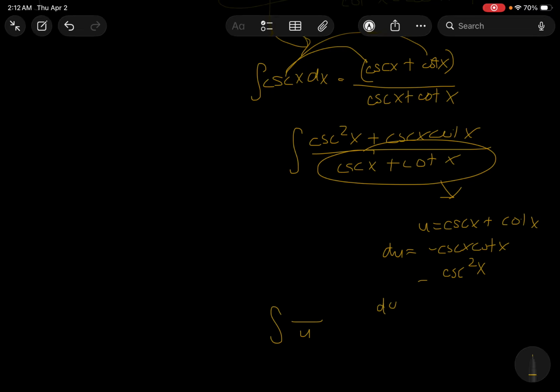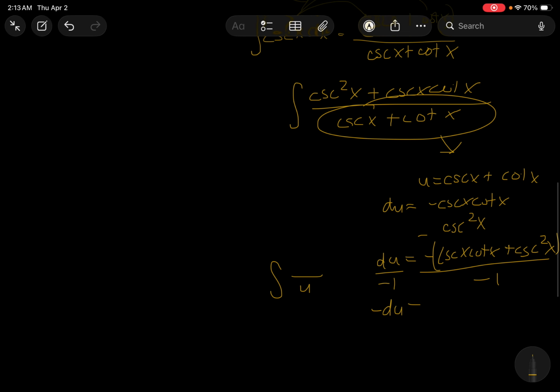So du equals negative of cosecant of x cotangent of x plus cosecant squared of x. Then we're going to divide both sides by negative 1, so it's going to be negative du equals cosecant x cotangent of x plus cosecant squared of x. And we're going to replace that with negative du.